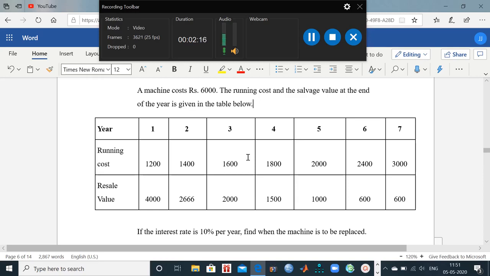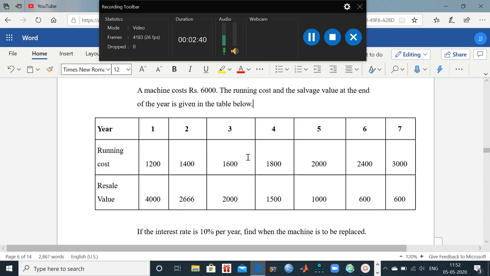Now in the previous video, which is QTDM 5.2, in which we had solved a problem considering the time value of money, we had also mentioned that when we are doing the discount factor on the running cost, it is always n minus 1.